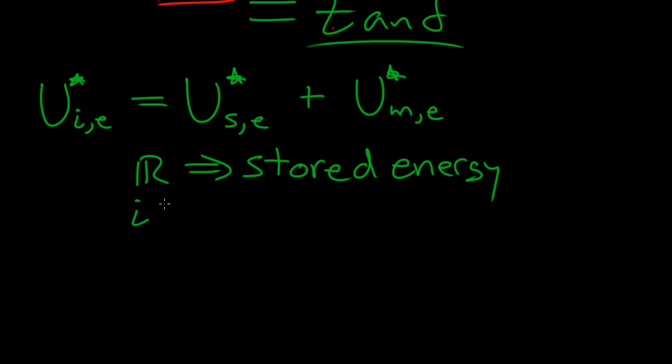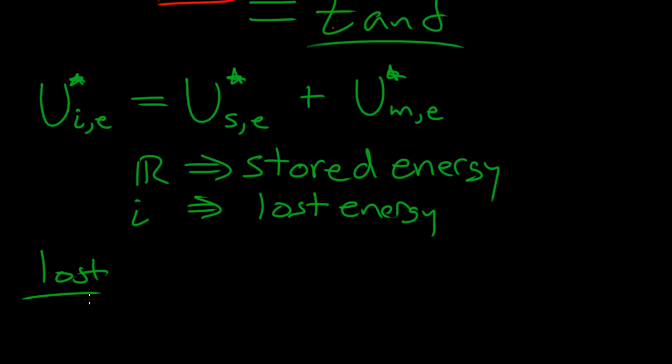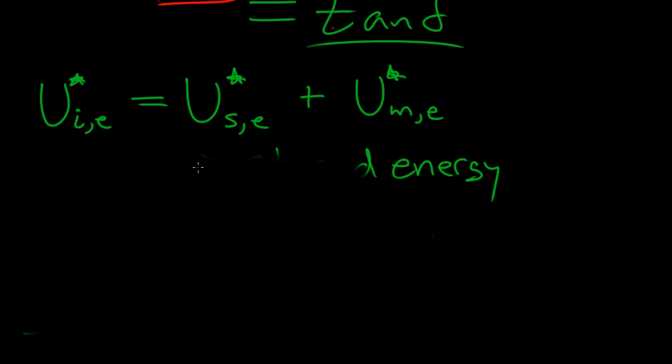If you consider the imaginary part, we get the lost energy. And the lost energy over the stored energy is the tangent factor. But in this case, what we're going to try to do is figure out how much energy is lost and how much energy is stored due to the application of electric field.